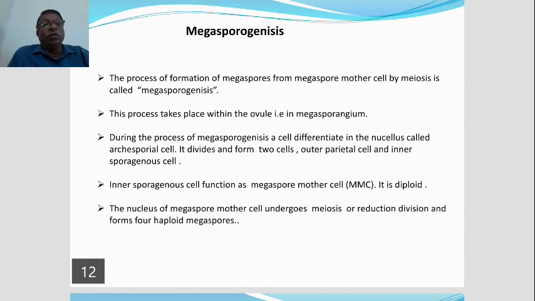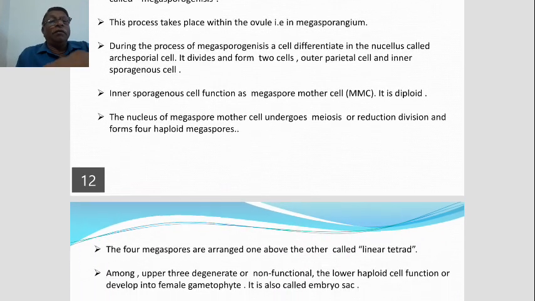Now, the process of megasporogenesis. Explain for 3 marks. The nucleus of the megaspore mother cell undergoes meiosis or reduction division and forms 4 haploid megaspores. 4 spores are formed, which are haploid.